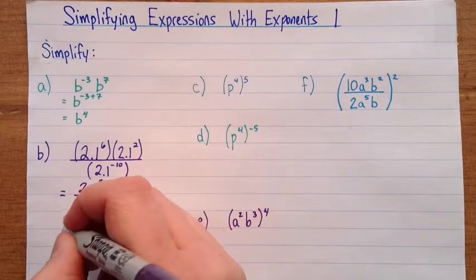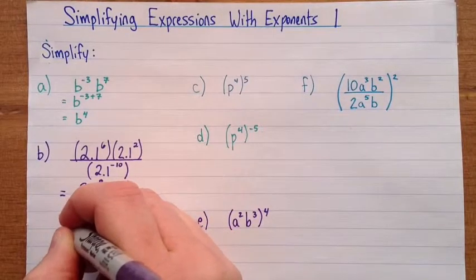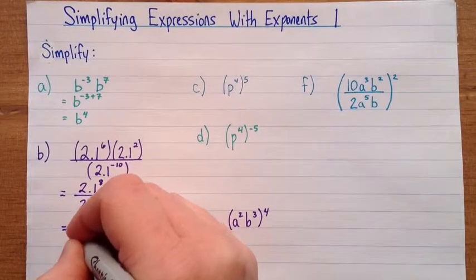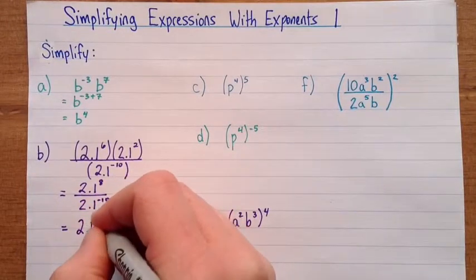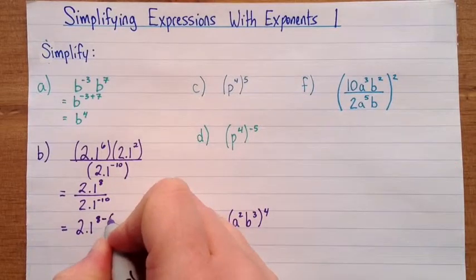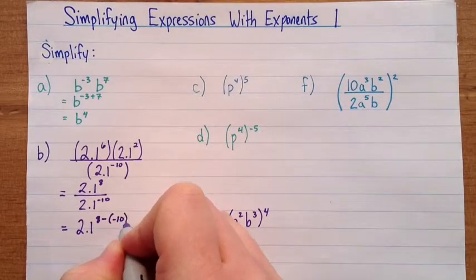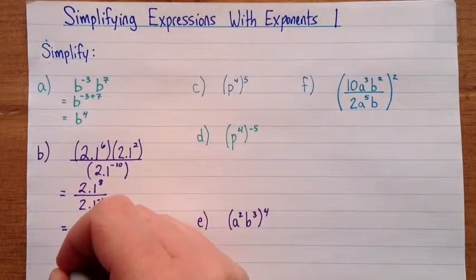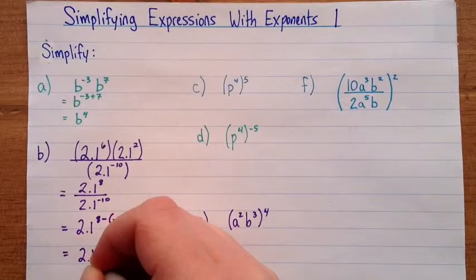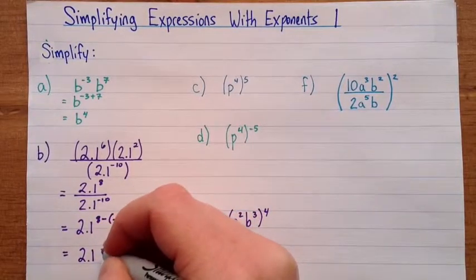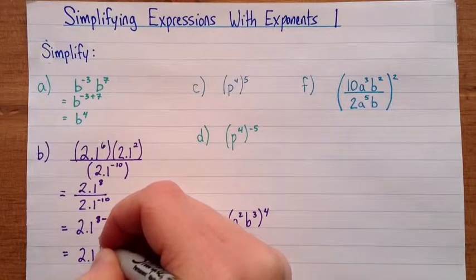Okay, now I have a quotient of powers, so I have the same base, so I'm going to subtract the exponents. So I have 2.1 to the exponent of 8, and then carefully here, because it's 8 subtract negative 10. And that gives us 2.1 to the exponent, that's 8 plus 10, which is 18.